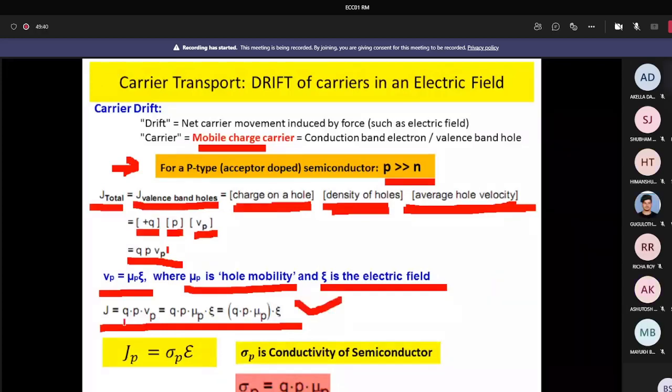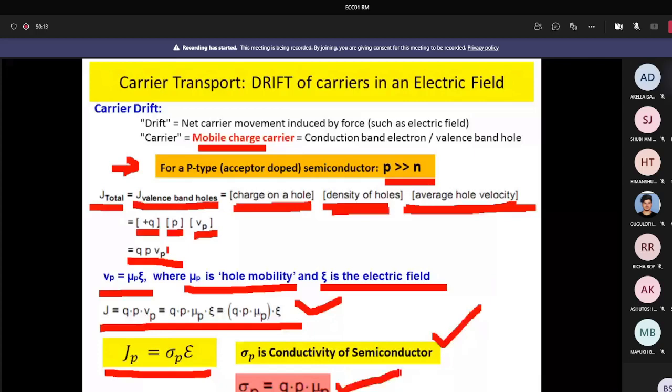So Jp is equal to QP mu P E, and we can define sigma P as QP mu P, so Jp is equal to sigma P E. This is the final expression of current density due to the holes, where sigma P is the conductivity of the p-type semiconductor.